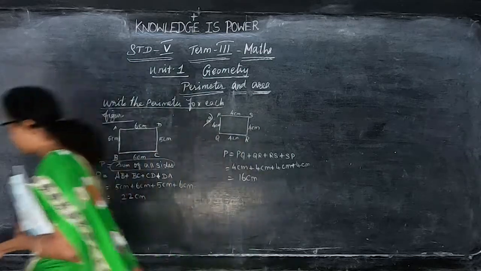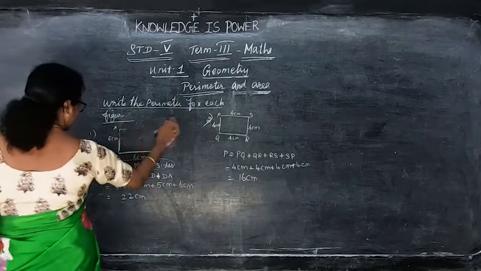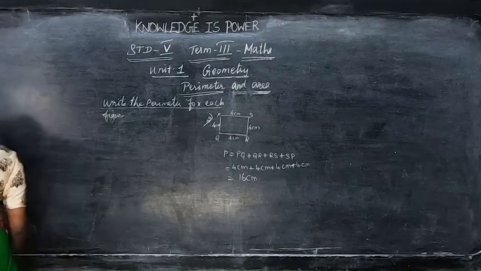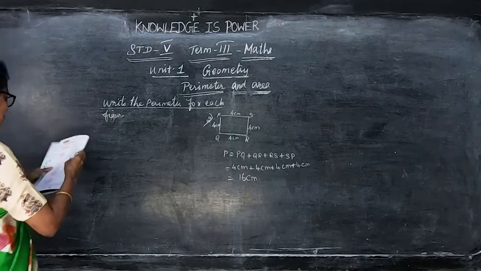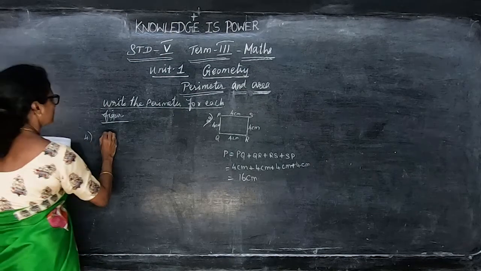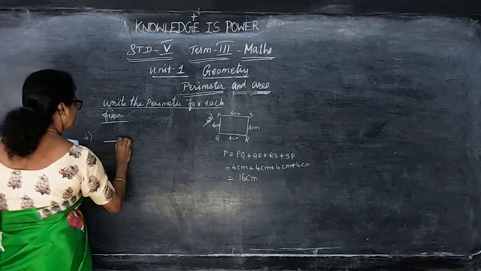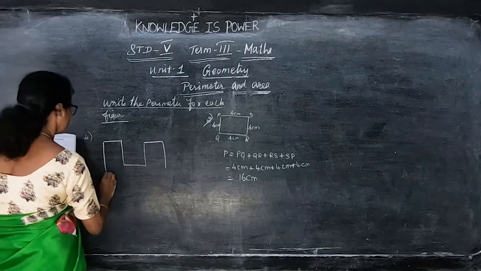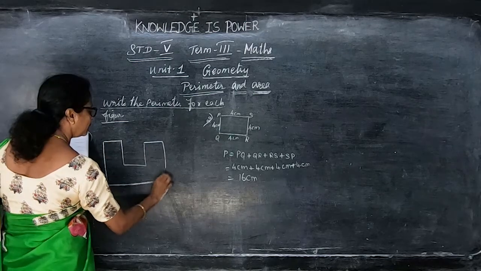Here in the fourth sum, they have given a picture like this. For every picture given, you have to add all the numbers. Suppose they don't give the alphabets, you can just write the numbers. So they have given like this.